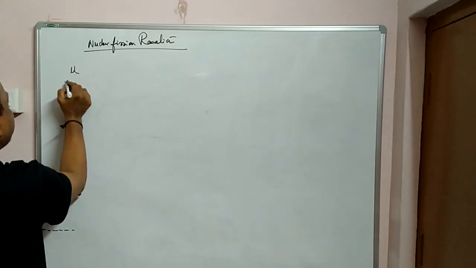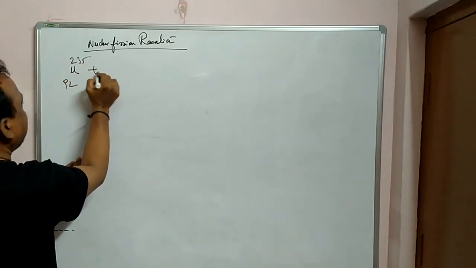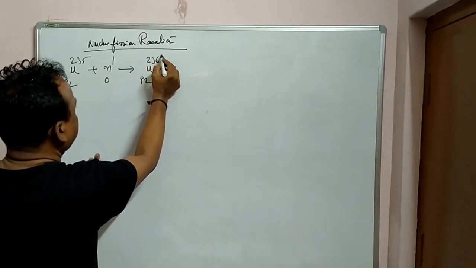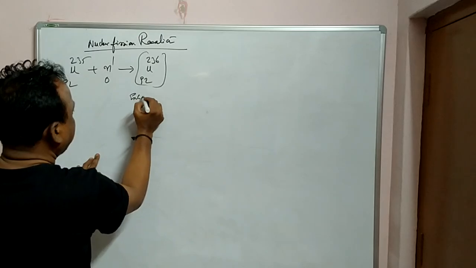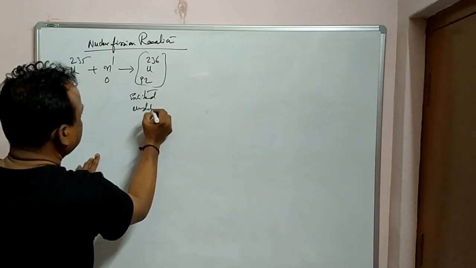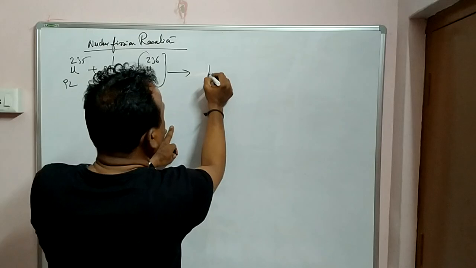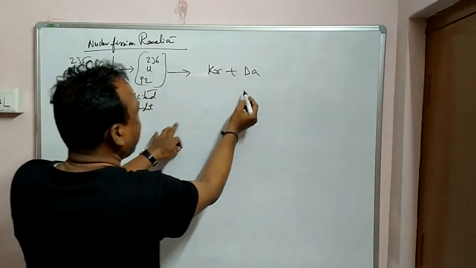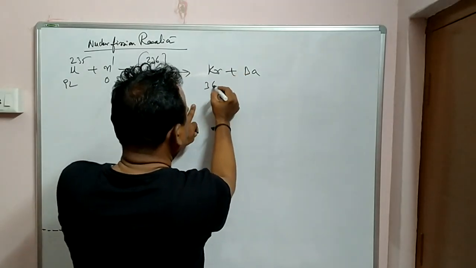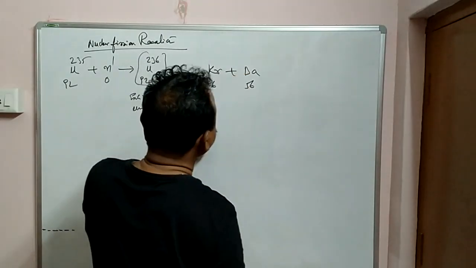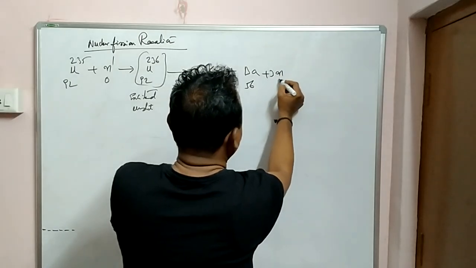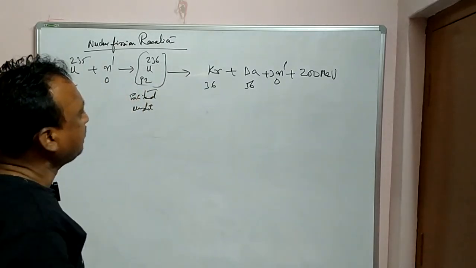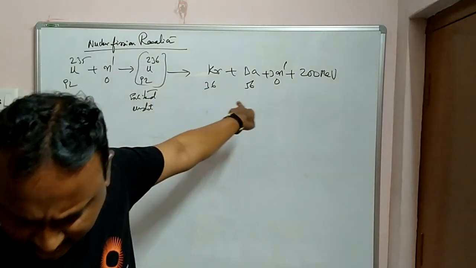That is uranium 92-235. When bombarded with slow moving neutron, it goes to excited state, uranium 236 excited, that is unstable, and it splits up into two nuclei, krypton 36 and barium 56, plus 3 neutrons and energy of around 200 MeV.